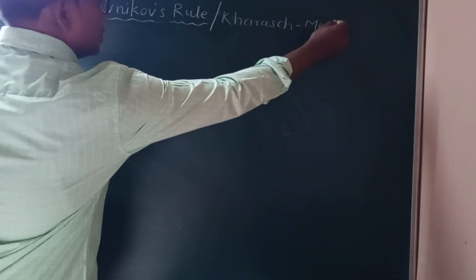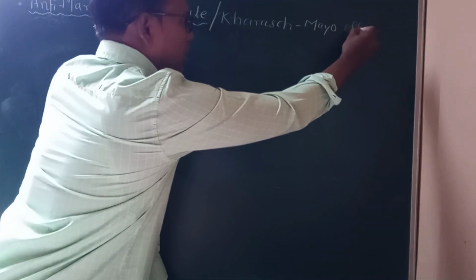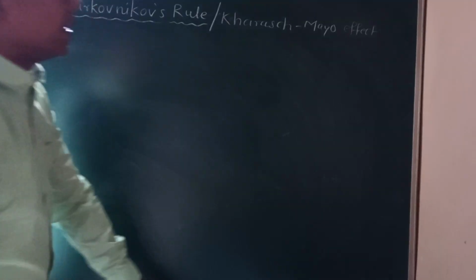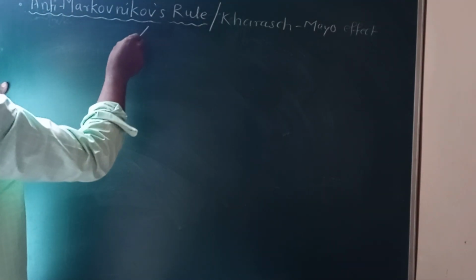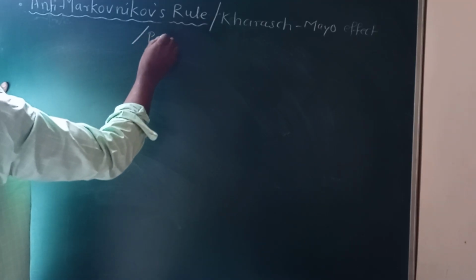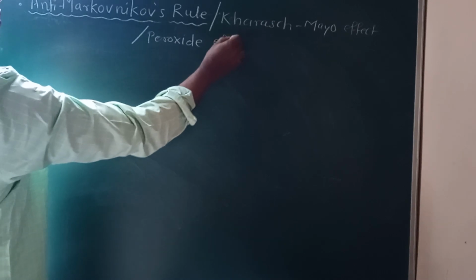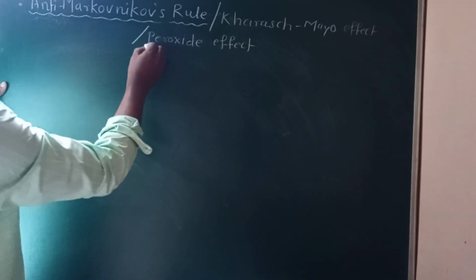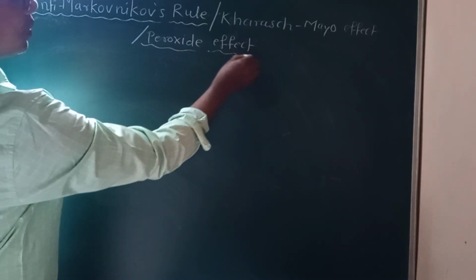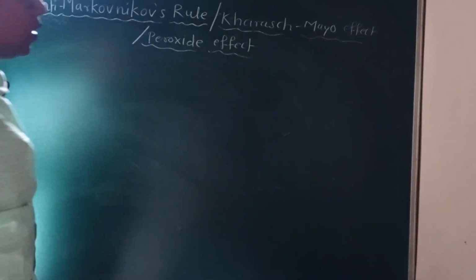So that's why this rule is also known as the Kharasch-Mayo rule, or Kharasch-Mayo effect. And as this effect is observed when peroxides are there, it is also known as the peroxide effect. So anti-Markovnikov's rule is the peroxide effect, and also the Kharasch-Mayo effect.